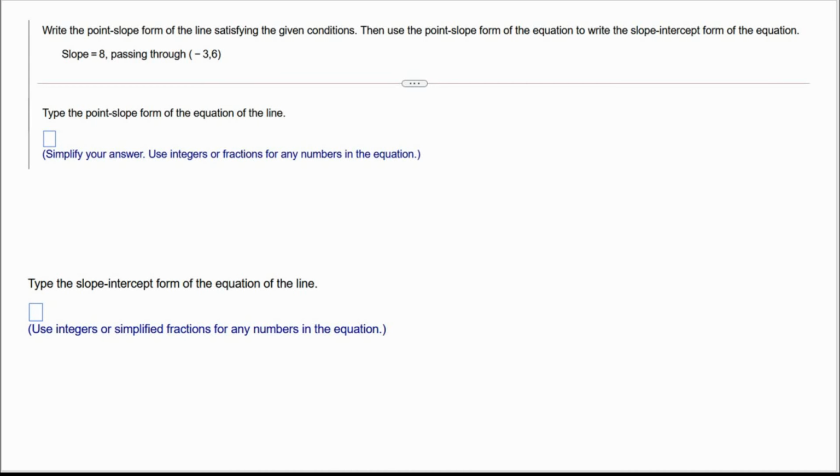All right, we'll do the same thing. So here, that's the m equal to 8. X sub 1 is equal to negative 3. And y sub 1 is equal to 6. So we have y minus 6 is equal to 8 times x minus a negative 3.